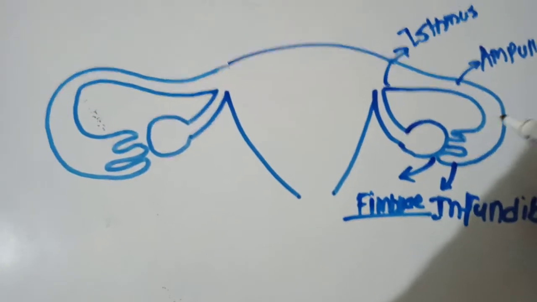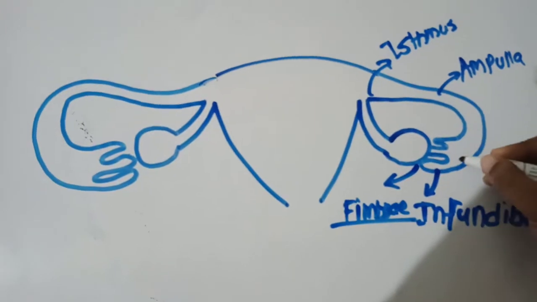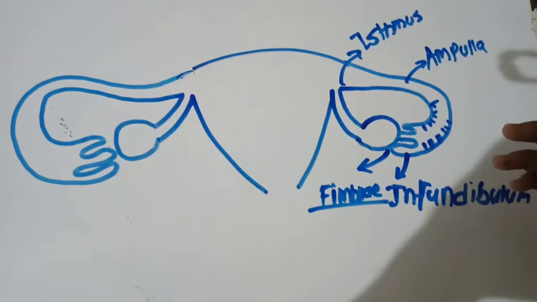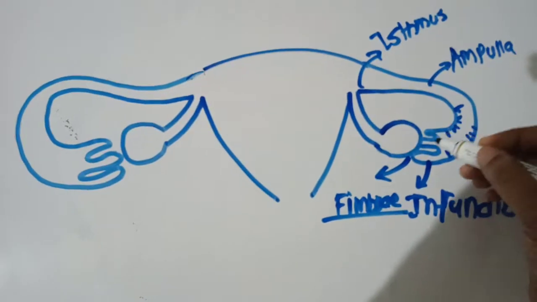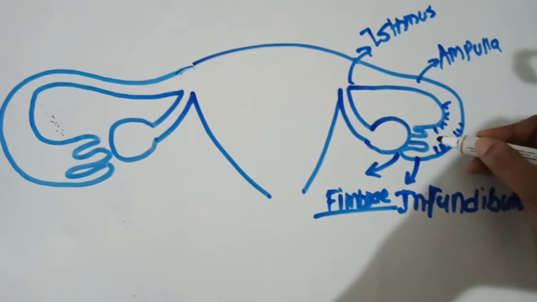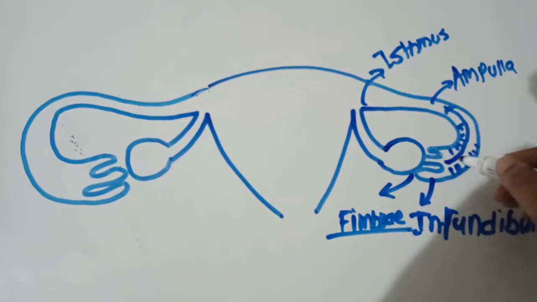If you see this fallopian tube, it has a ciliated mucous membrane, a ciliated epithelium. Why is that? Because when it receives the ovum or egg, it gets propelled towards the ampulla. It's very important.